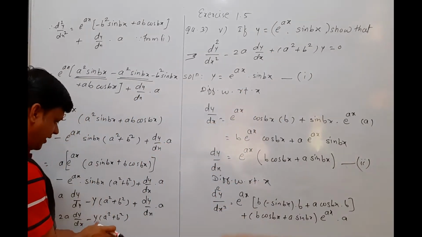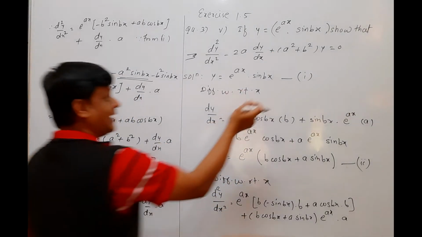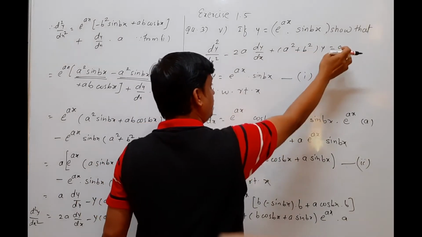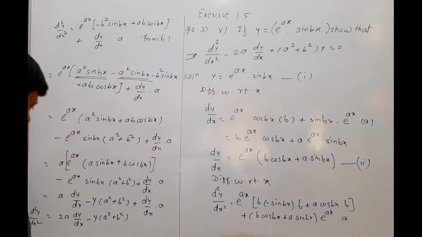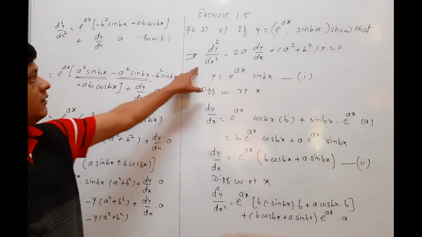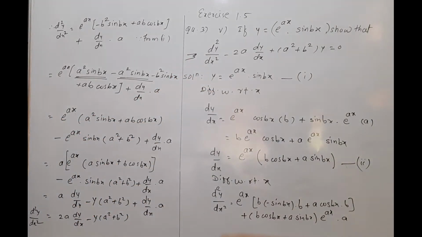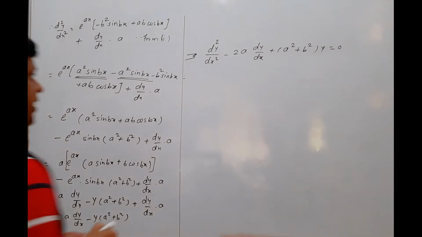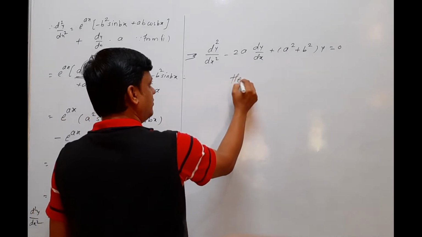Here we write y at last, so a square plus b square into y equals 0. So hence in this way we show the required answer. So right here, hence proved.